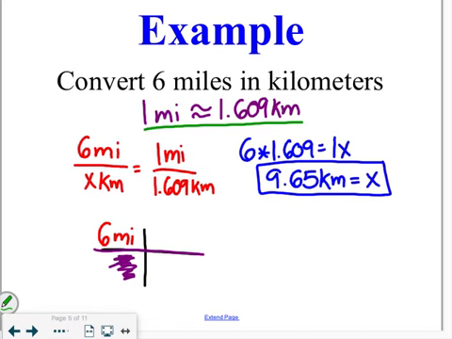You can plug 1 mile into the bottom and 1.609 kilometers into the top. When you are using this railroad track method, you want to make sure that your units are diagonal from each other so that they can cancel out. Miles on top, miles on bottom, that cancels out.